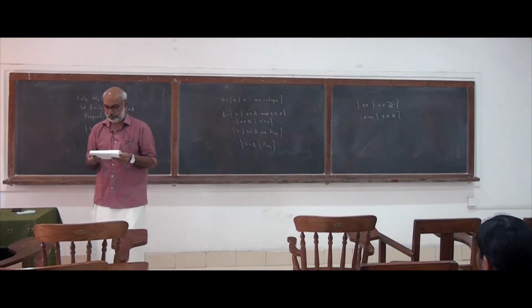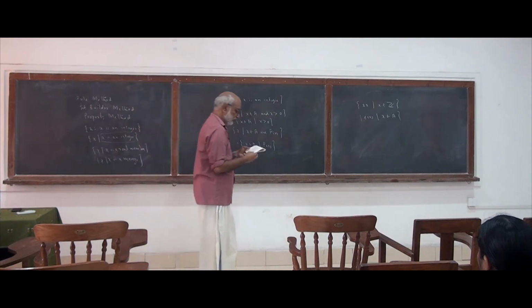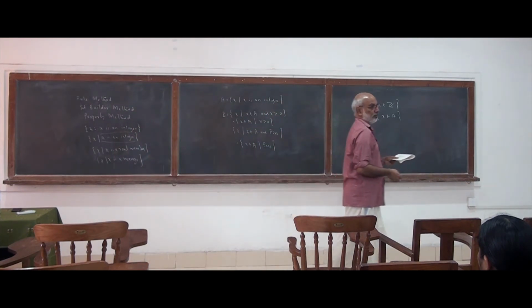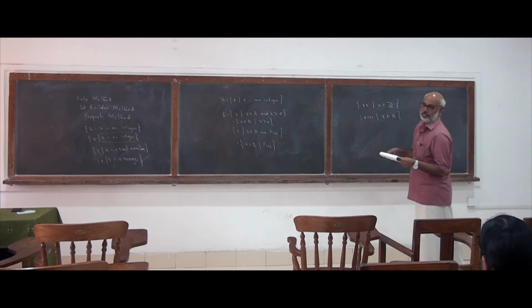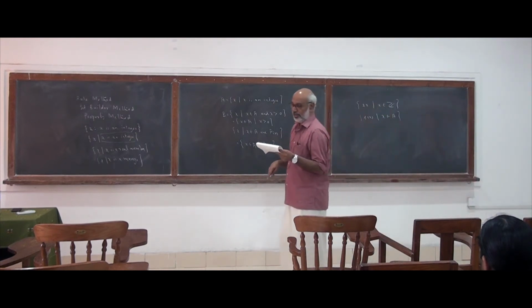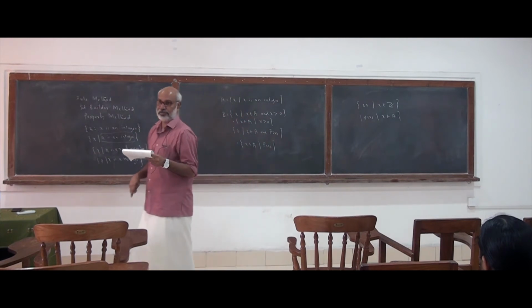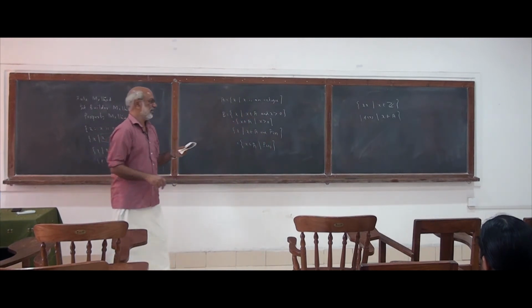For example, in analytic geometry, suppose we want to specify the unit circle. Unit circle is the set of all points xy in R2 such that x square plus y square is equal to 1.